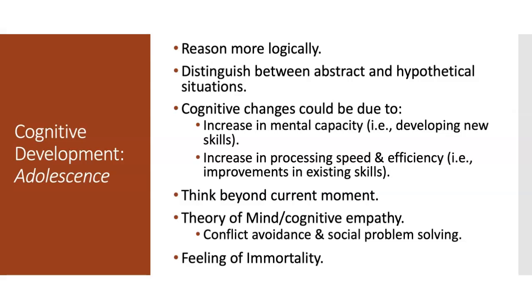Now, the question is, what is causing this change? And there are 2 theories as to what could explain these cognitive changes during adolescence, or this increase in the ability to think logically and hypothetically.